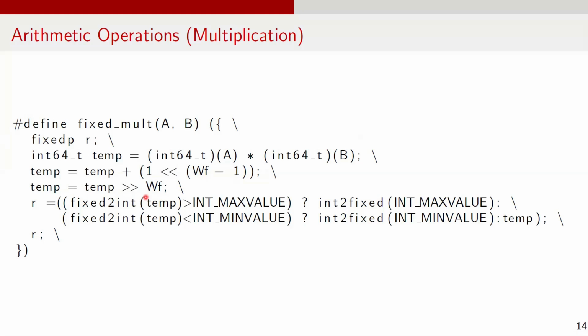Similar to addition and subtraction, it checks if the result exceeds the max and the min value. If so, it limits the result to INT_MAX_VALUE or INT_MIN_VALUE, and then it assigns the temp to r and returns r. This macro provides a compact and efficient way to perform fixed point multiplication with overflow handling.